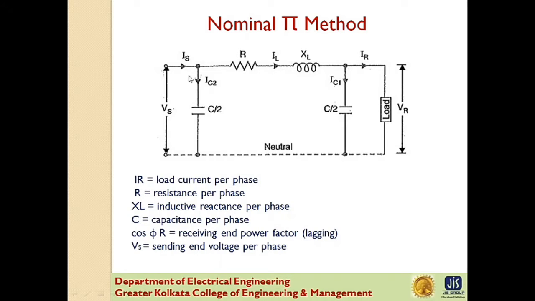Now Is is first divided into IC2 and IL. Then this line current is divided into IC1 and IR. IC2 is flowing through the capacitance C by 2, and IC1 is also flowing through the receiving end capacitance C by 2.